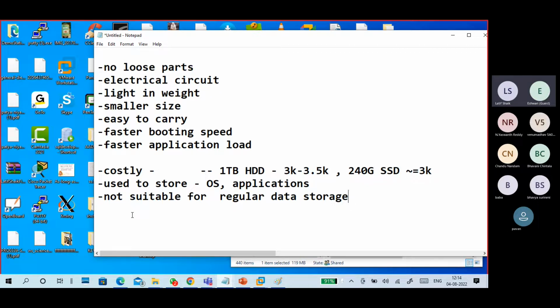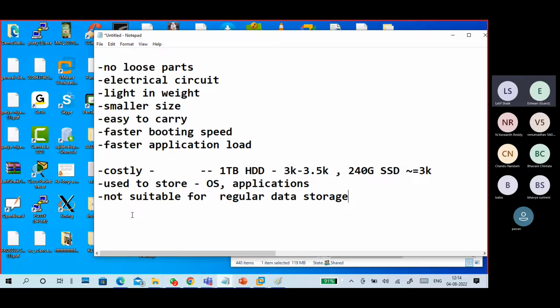Why? Because I have some movies, songs, and documents I want to store in a place. If I choose a normal hard disk, it comes at a smaller cost. If I choose an SSD, it's very costly. The only thing is the space is less.